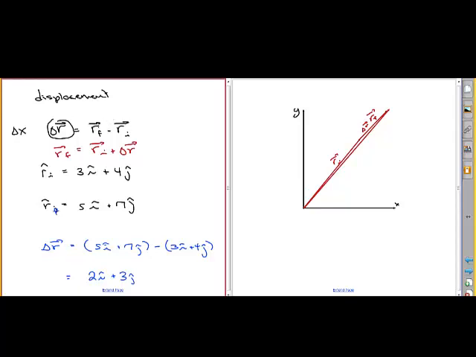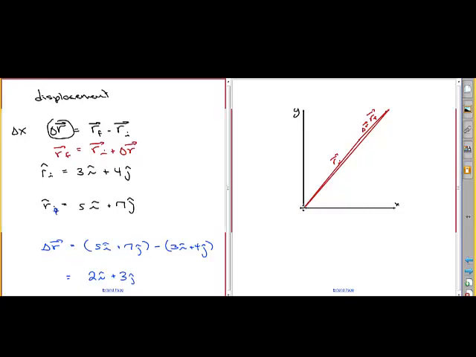What we did in one-dimensional motion was we said final position x sub final minus initial position x sub initial. And they were just numbers because we were only going one direction. But when you're in 2 dimensions, you have to take into account that your changes are going to be in 2 dimensions.